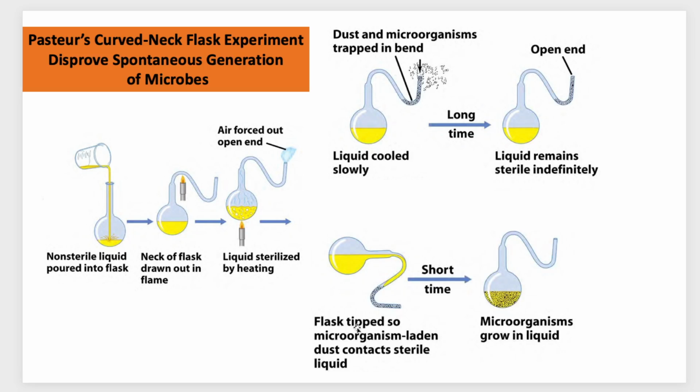If you took the flask and tipped it over so that the liquid would touch the microorganisms, and then tilted it back, the solution would become infected with microorganisms. So he proved that they were stuck in the curved neck of the flask. So it disproves a lot of misconceptions leading up to his experiment all at once.